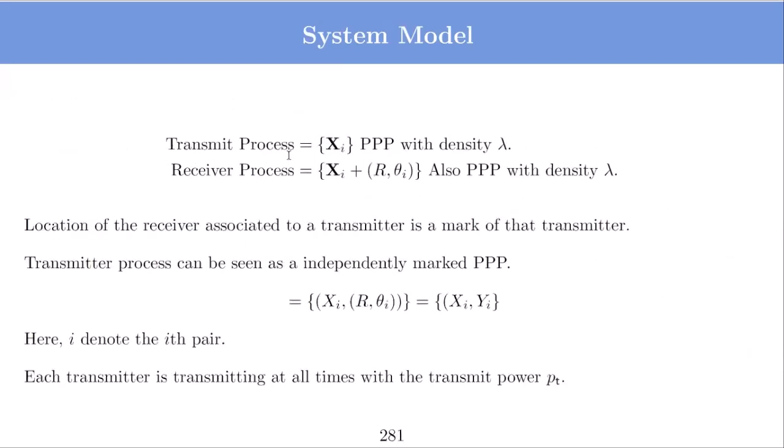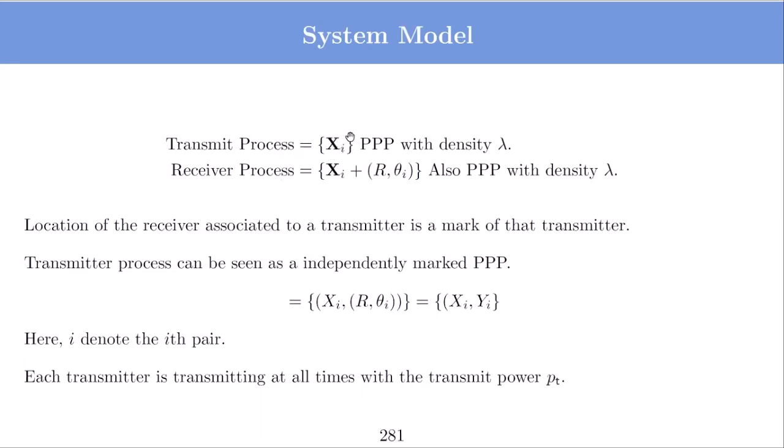The transmit process is Xi, which is a PPP with density lambda, and the receiver process is Xi plus (r, theta_i), where (r, theta_i) are polar coordinates, and it is also a PPP with density lambda. If we only want to take one point process, we can see the receiver location as the mark of the transmitter location.